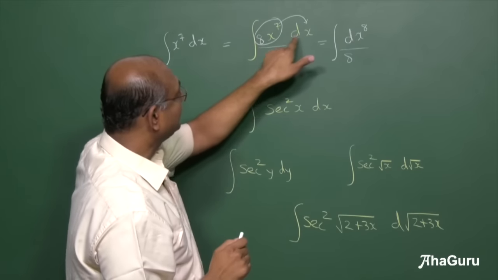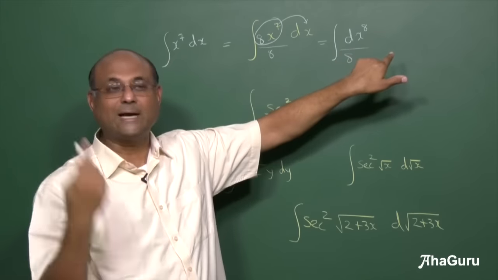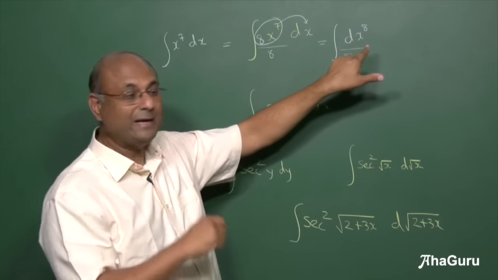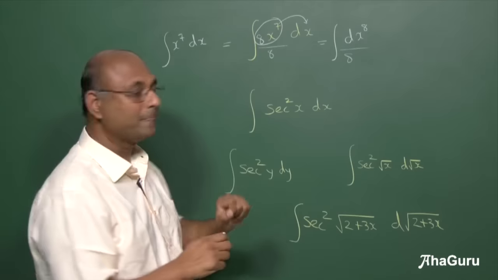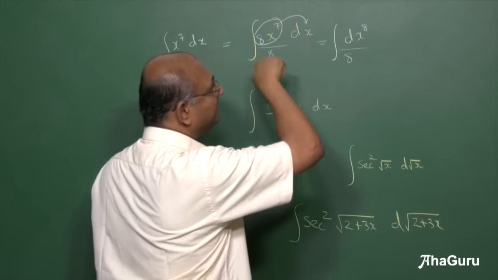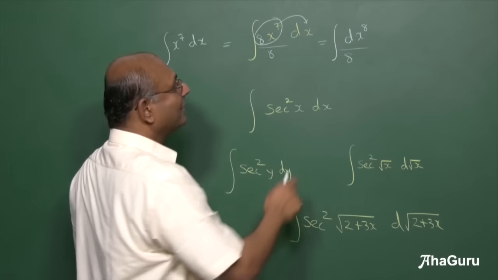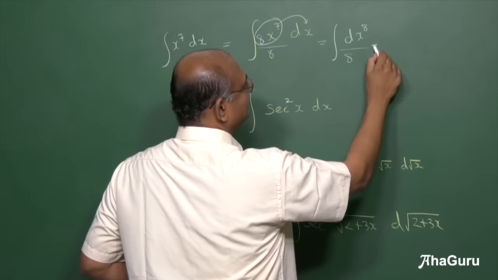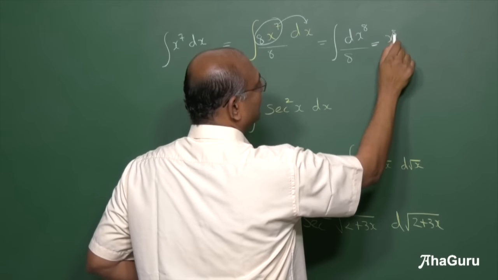Okay, so can you see that this is equal to d of x power 8? Quickly check. Always after you do this step, you can check. D of x power 8, what is that? 8x power 7 dx. So when it went inside the d, it became d of x power 8. Now you know that integral dx power 8, this 1 by 8 can be brought out. So therefore the answer is x power 8 by 8.